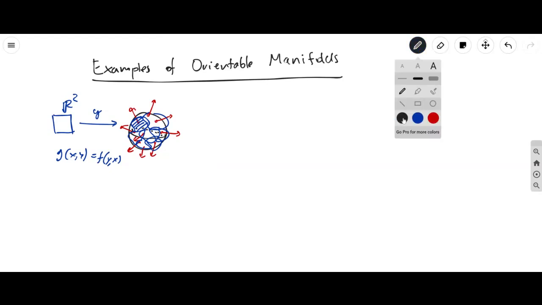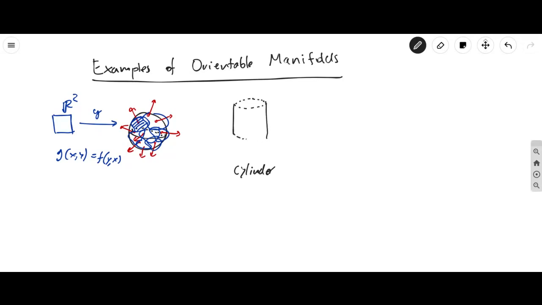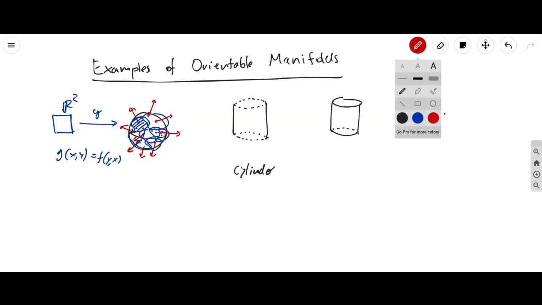Another example would be the cylinder. Here you want to be a little bit careful. This is the open cylinder, because otherwise it's not a manifold. It's something we've never talked about before. If you had a cylinder that included its boundary, then the issue is that if you look at the neighborhood of a boundary point, it would be homeomorphic to something that looks like this, which you can enlarge to a half space.